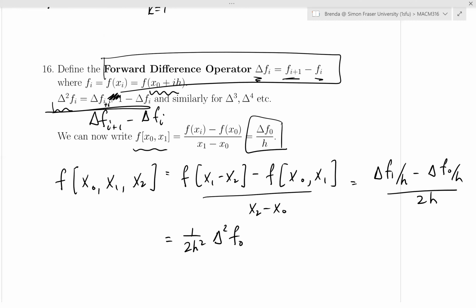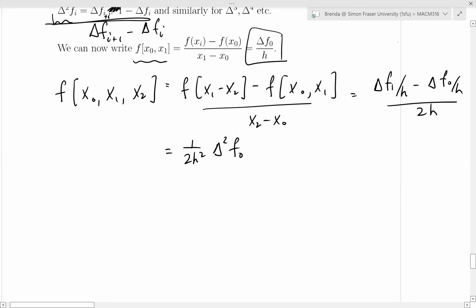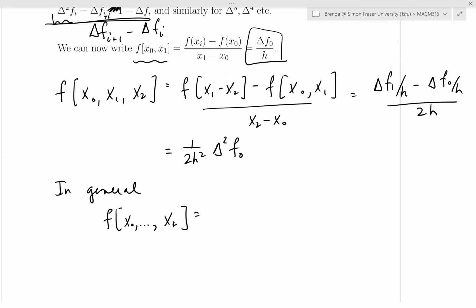So, and in general, we can just continue this procedure up, and in general, we get this, that whichever divided difference we're talking about, the kth divided difference can be written as 1 over k factorial times h to the k times delta to the k F naught. Like that.